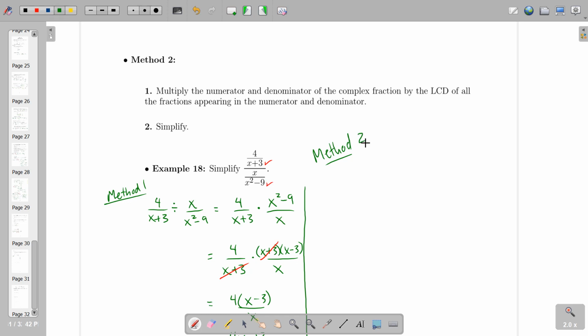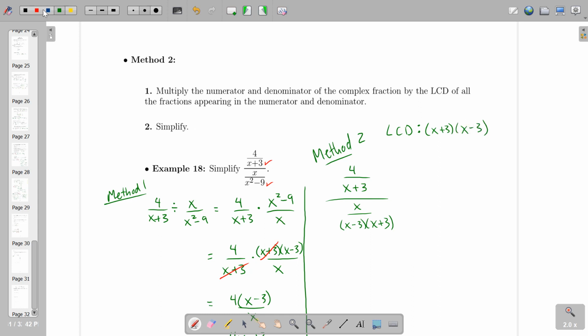So what I'm going to do here in method 2 is first find the LCD. Now in order to find the LCD, I better go ahead and factor the x squared minus 9, just like we did using the other method. So I can see that my least common denominator should be x plus 3 times x minus 3.